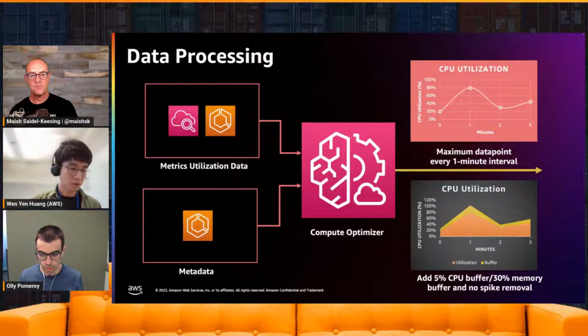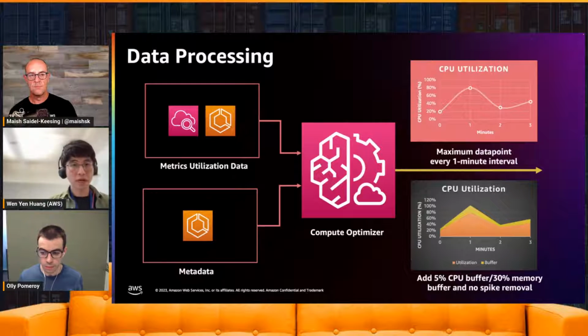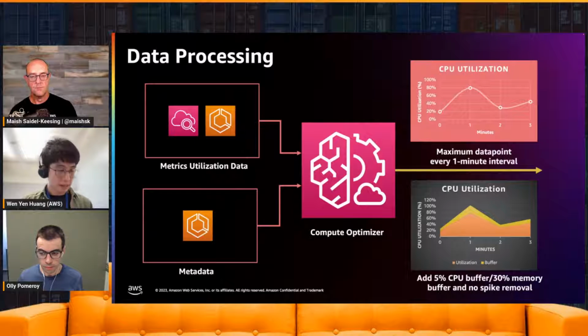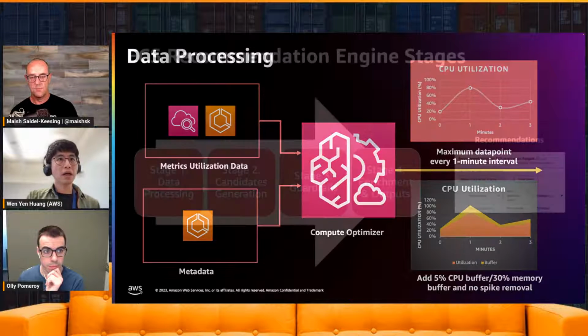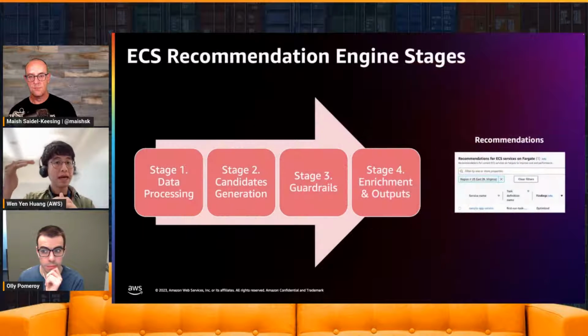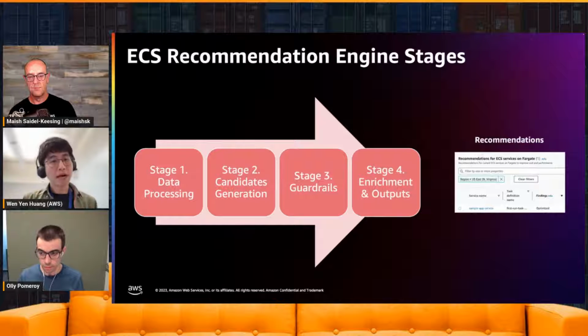For a customer running a web application or using Fargate for a backend API, sometimes the traffic will increase, so we add a 30% buffer for memory and a 5% buffer for CPU before we process and send the data into the candidate generator. That will help you have at least a certain margin to deal with a surge. And you probably will have a question why these percentages are here.